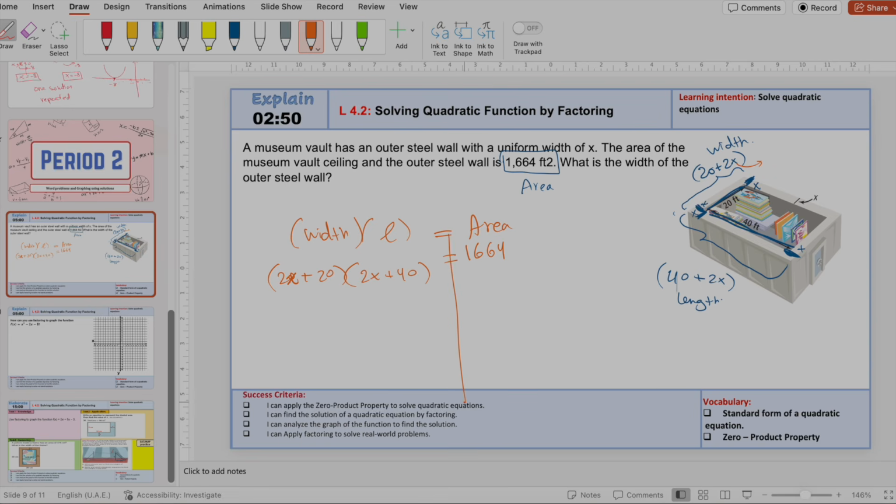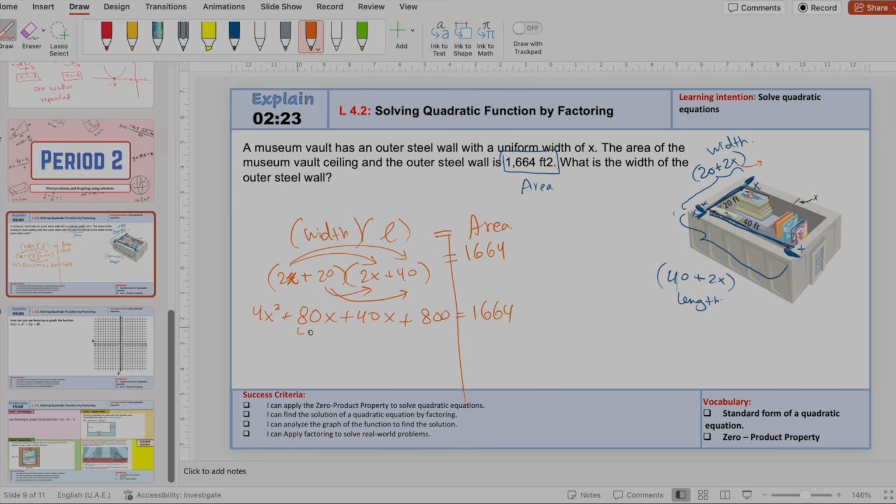Now I can expand these two brackets using the FOIL method. 2x times 2x is 4x squared. 2x times 40 is basically 80x. If you expand, you're going to get this. 20 times 2x is basically 40x. 20 times 40 is 800, equals 1664.